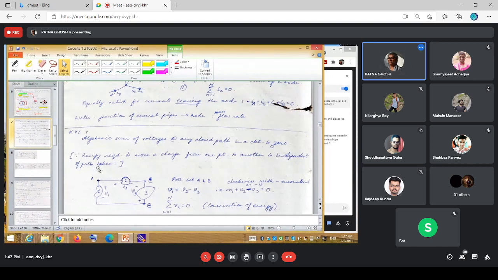As a result, irrespective of the path that you've taken, the energy required to move a charge is independent of the path. Here we just have particular depictions of voltages, with the terminals marked. The understanding is that you assume there is a current flow in any particular direction. Let us consider that the current is flowing in this direction.